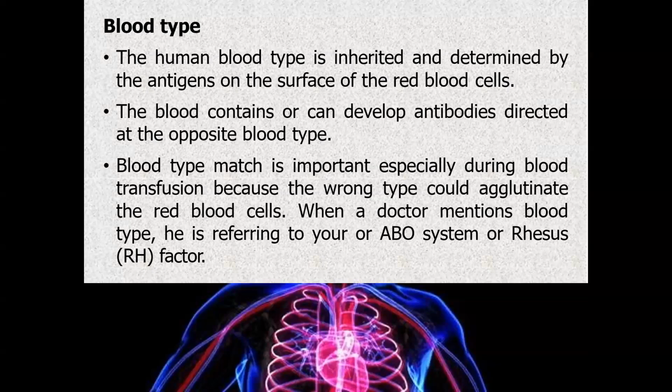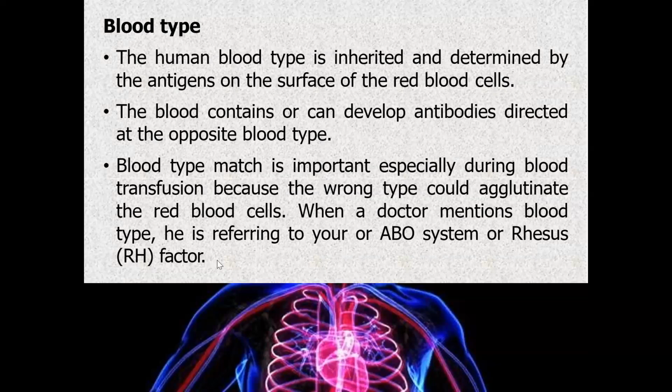If the patient possesses B antigen, ibig sabihin, blood type B siya. Pag may A and B sa kanyang antigen, AB ang kanyang blood. Whereas, if neither A nor B are present, O yung kanyang blood type. Okay? And we have the RH blood group, which signifies the positive or negative when we are stating our blood type.